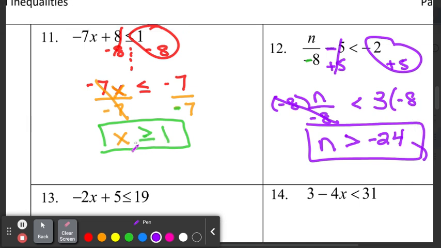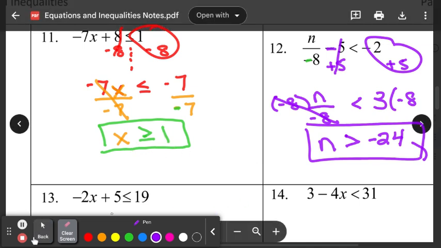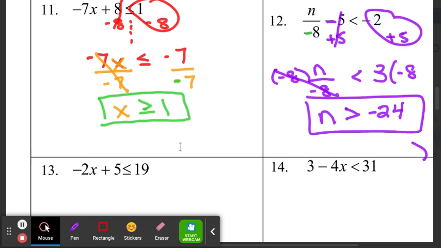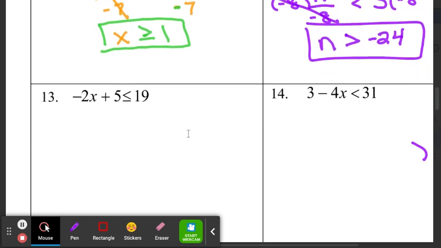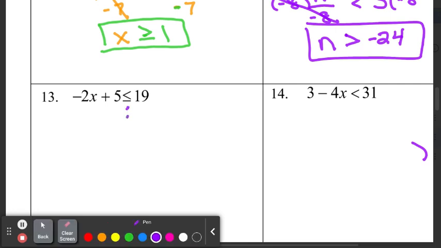Moving on down, give number 13 a try. There aren't any weird tricks in there. Number 14, there is a weird trick. So for this one, here is our inequality symbol. Subtract 5 on both sides.